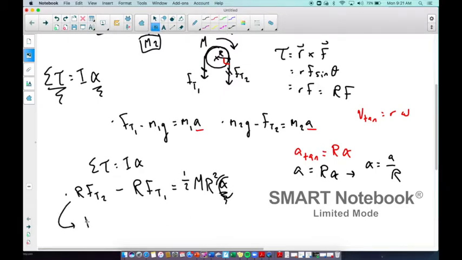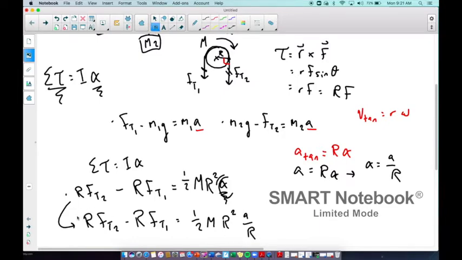So this equation becomes r ft2 minus r ft1. There's my net torque equals the I of a disk, which is 1/2 mr squared, and then alpha we just said is A over r.